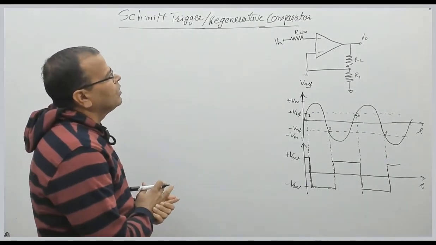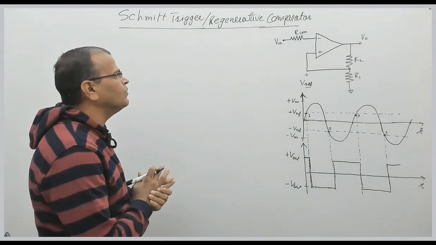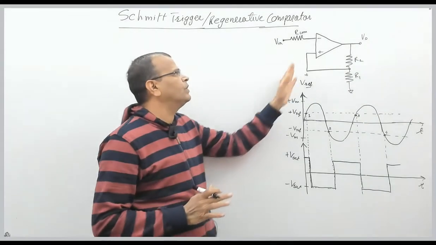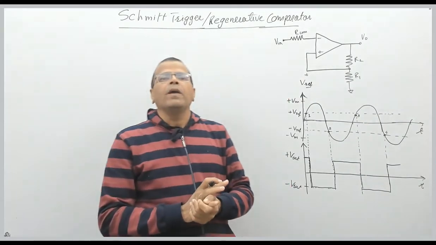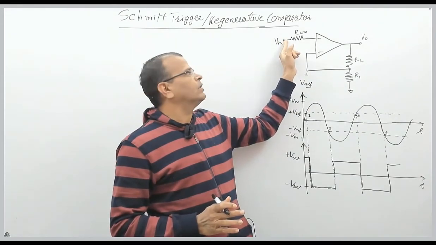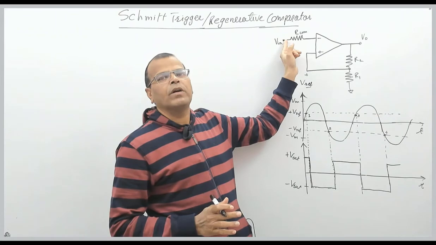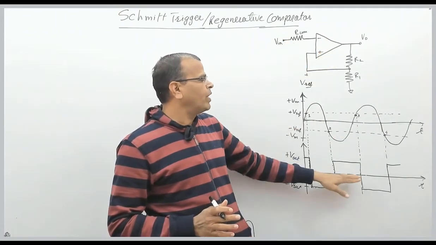Now let us see the procedure of analysis of this circuit. We have to find the output of this circuit for a given input. Remember, when we apply a sinusoidal input at the op-amp in this circuit, we get a square wave at the output.